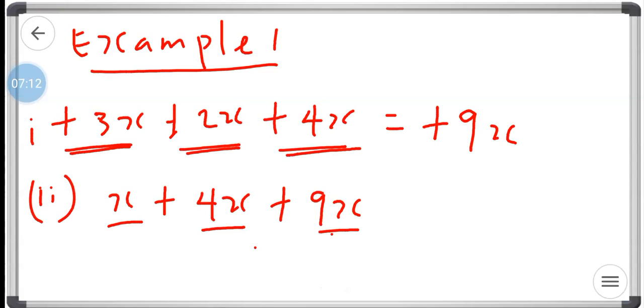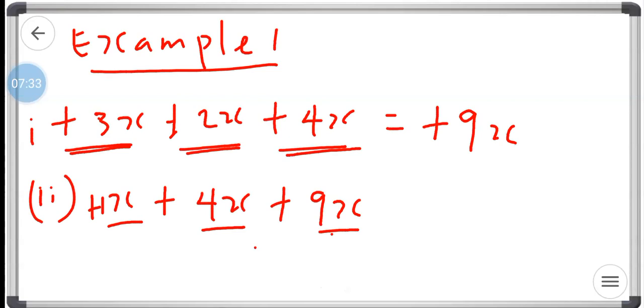When we have two or more positive like terms, our result is positive. Here x has an invisible addition sign, so plus x plus 4x. We can say 1x.